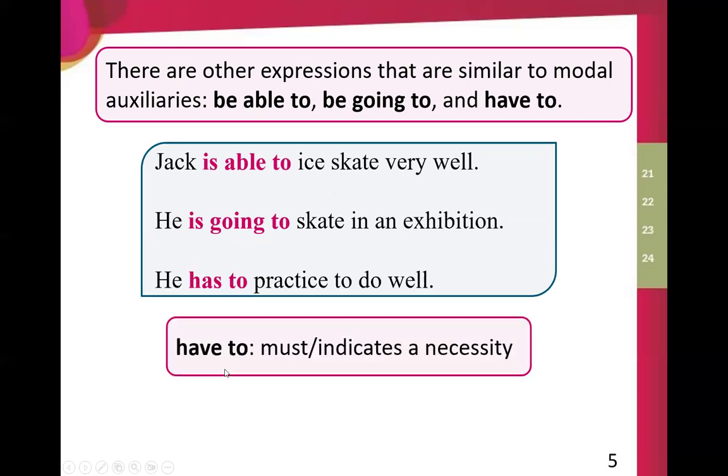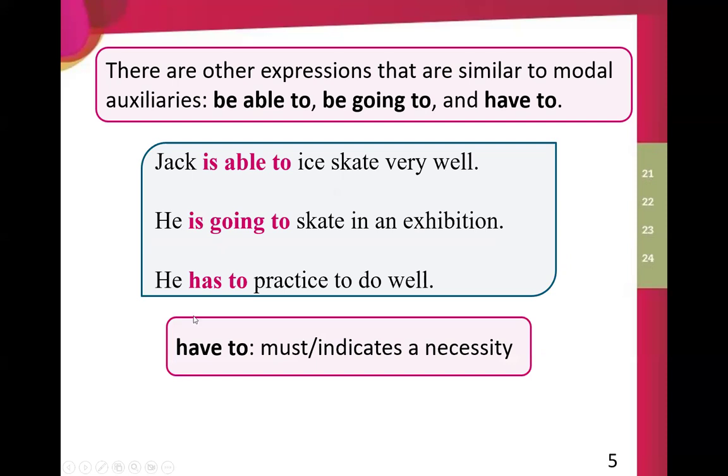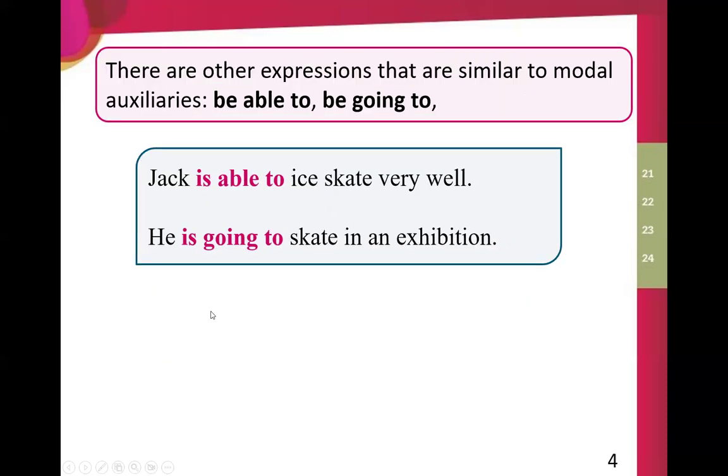Can you repeat? Okay, I repeat. Here in this sentence, this part, be going to. Can you see it? Be going to is followed by another verb in infinitive form. Skate here is a verb.